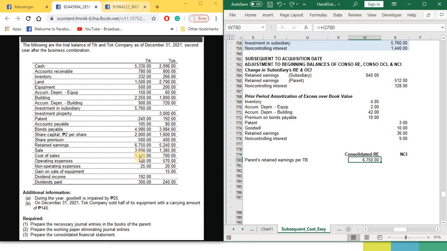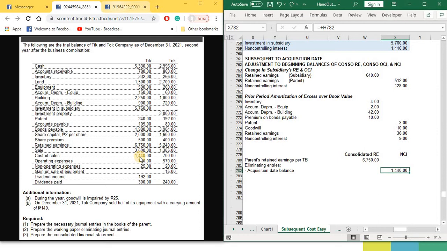So the 6,750 is the beginning balance of retained earnings of the acquirer. Then, for the non-controlling interest, we will establish the acquisition date balance, which is the result of our eliminating entry. The acquisition date balance of the non-controlling interest is 1,440, and this will reflect in the consolidated working paper through the eliminating entries at acquisition date.